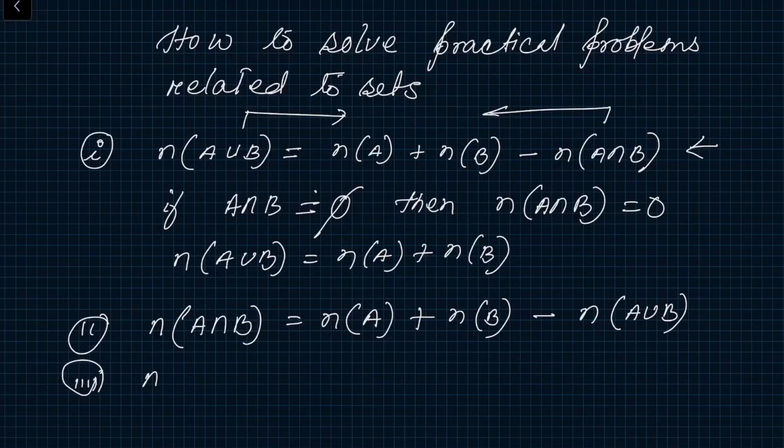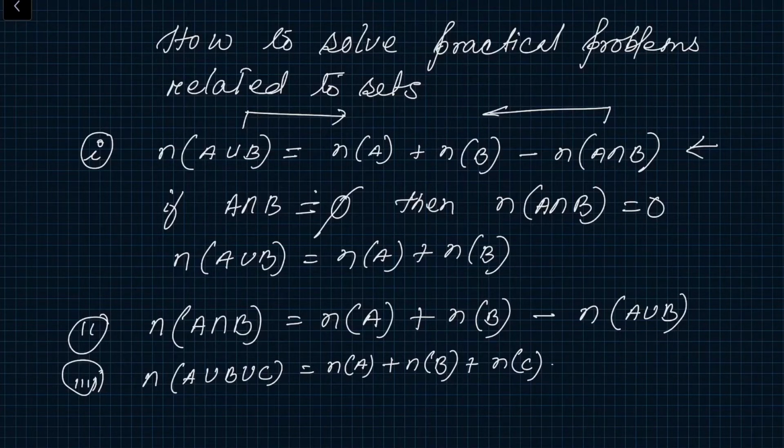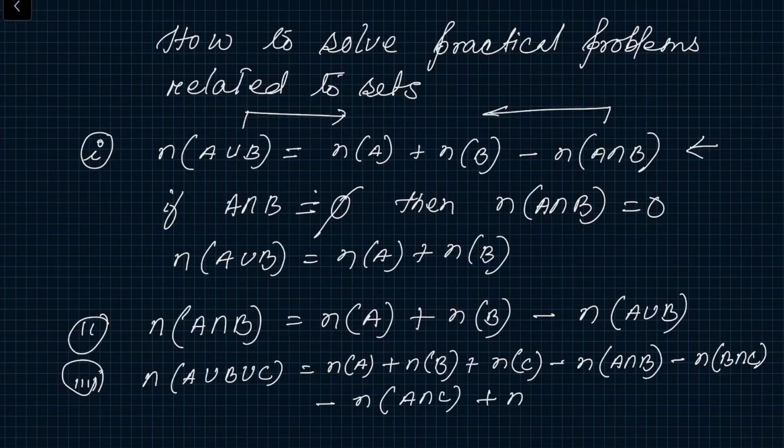Number of elements in A union B union C is equal to number of elements in set A plus number of elements in set B plus number of elements in set C minus number of elements in A intersection B minus number of elements in B intersection C minus number of elements in A intersection C plus number of elements in A intersection B intersection C. We must know these three formulae.